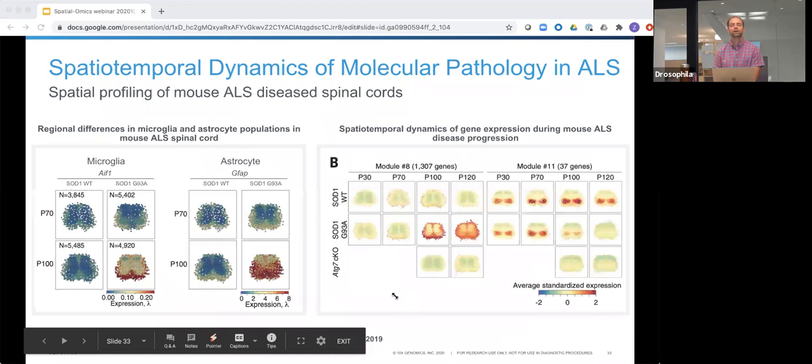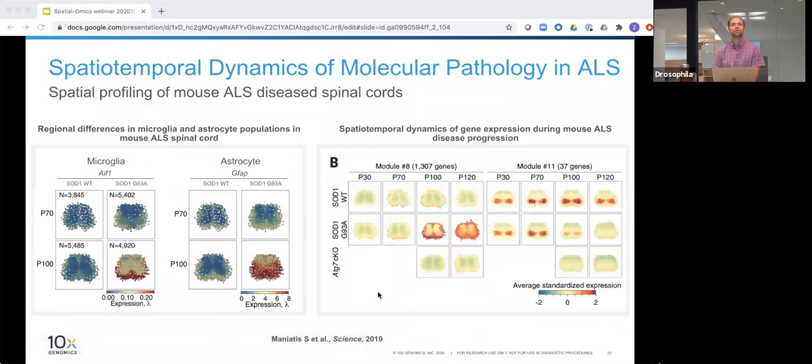Basically, they took spinal columns of these mice and looked at different gene signatures, and were able to find AIF1, which is a marker of microglia, and GFAP, which is a marker of astrocytes. They were able to compare the wild type to the SOD1 mutant at days 70 and 100, and basically see a massive increase from day 70 to day 100 in the SOD1 mutant, but not the wild type.